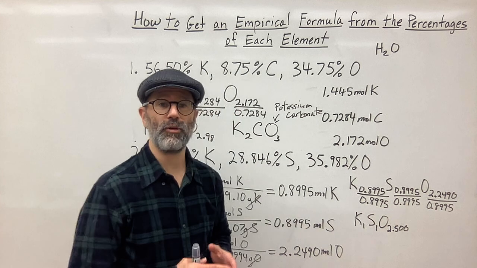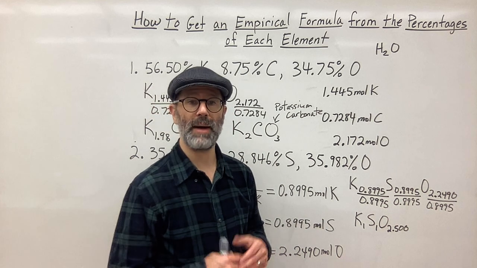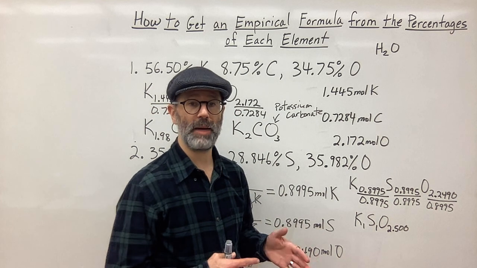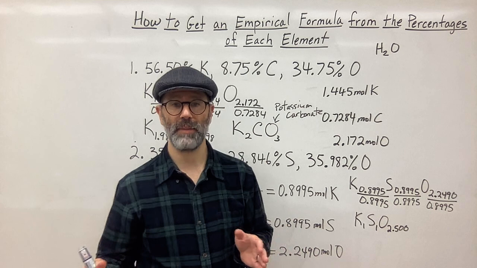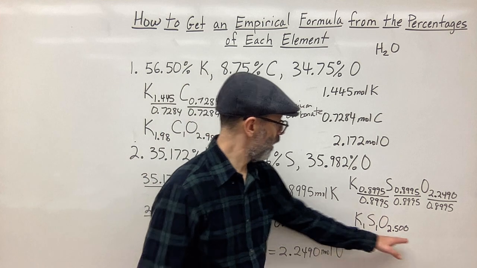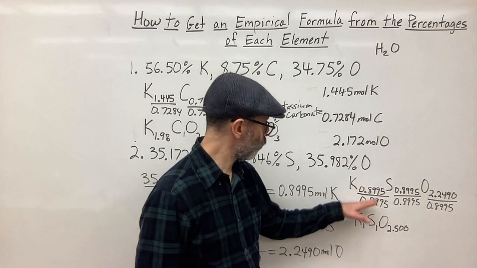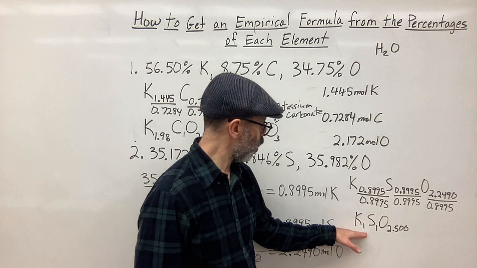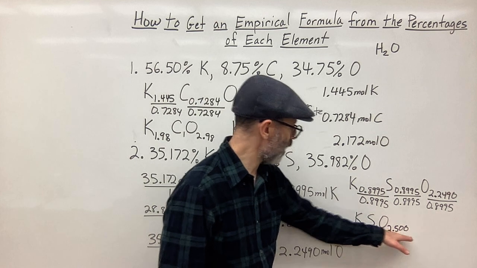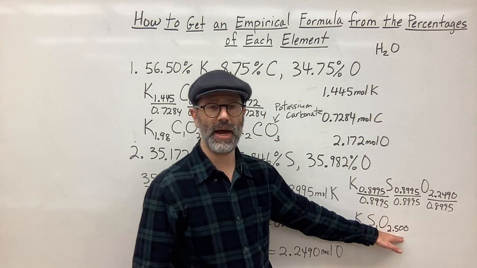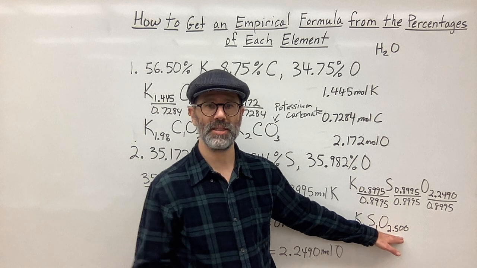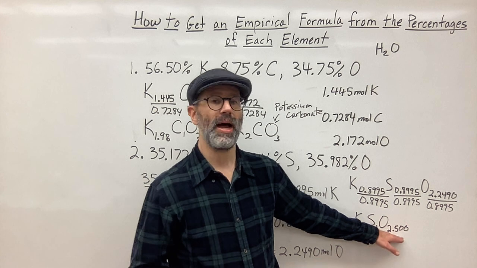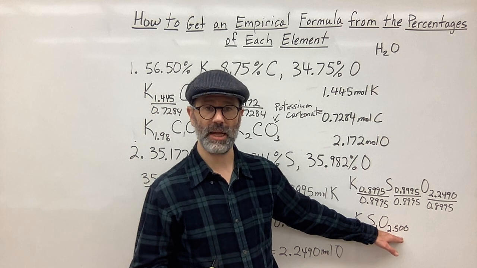So in order to get rid of the half, I need to multiply by 2. But if I multiply by 2, I need to multiply everything by 2 because right now, this is my ratio. This is the mole ratio that I got from the numbers, 1 to 1 to 2.5. I can't just multiply this by 2 and leave it that way because then the ratio won't be the same. I got to keep the ratio the same.